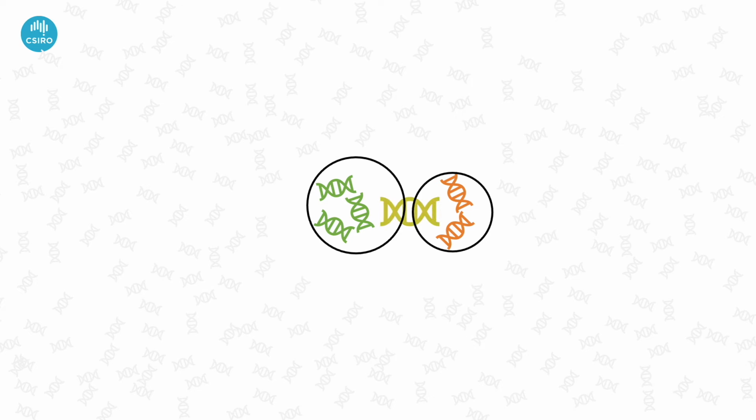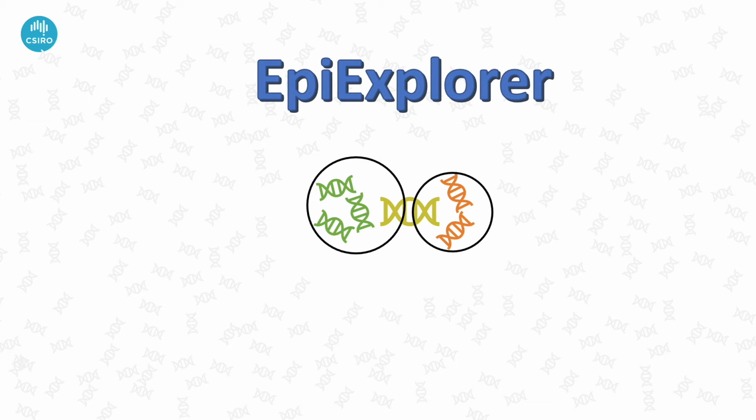Getting back to the original problem of complex phenotype, where there are many biological pathways and so many genes involved, many interactions and many individual genes, once we compute all these statistics, how can we infer information out of that? EpiExplorer is the solution that we built for this problem.